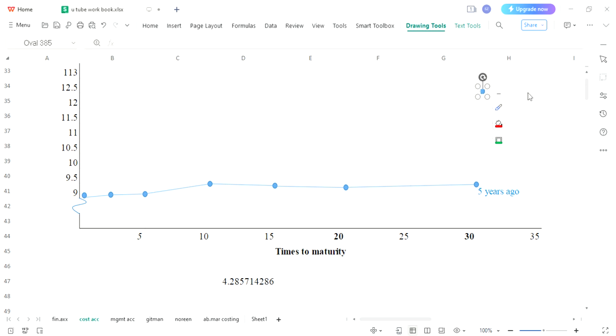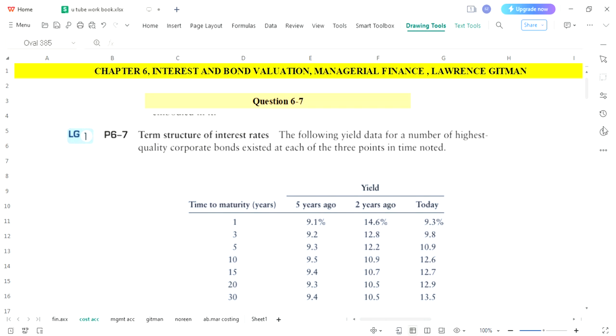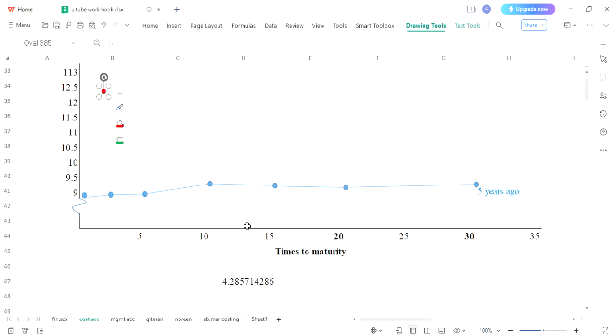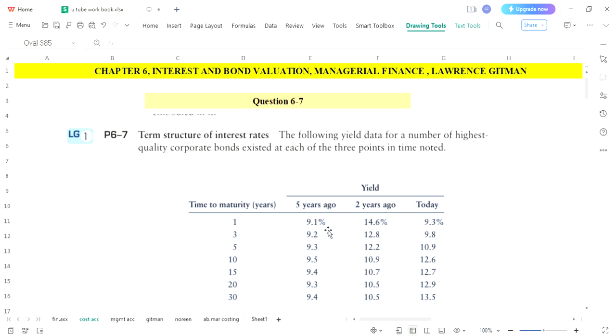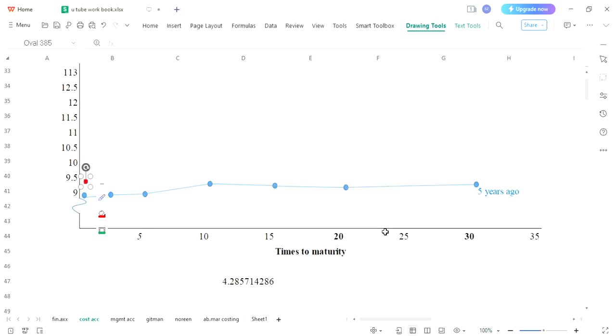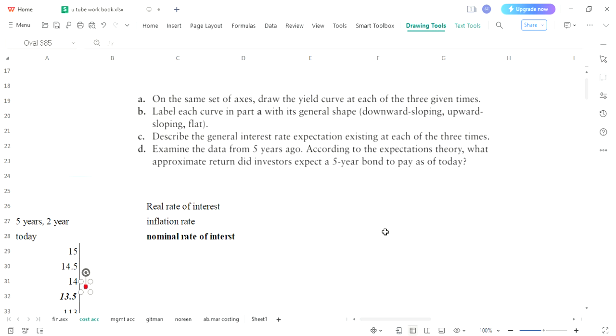Okay, we are using red color. Come again over here and see the next requirement. We are taking 2 years ago. Just proceed to the first year, and the first year is over here. For the first year we need to go at 14.6%. 14.6%, it means we'll have to go further up.